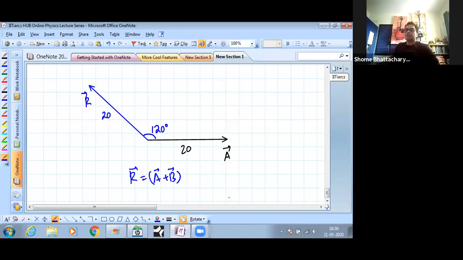So now it's asking what about the vector B and what about the angle between them. If you complete the vector triangle here, you will see that the vector B must be this one.